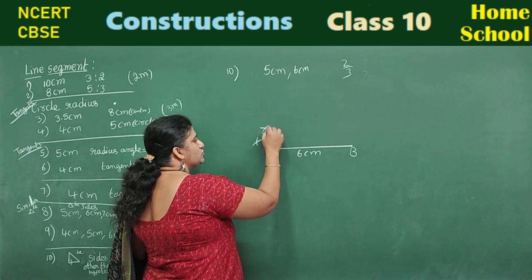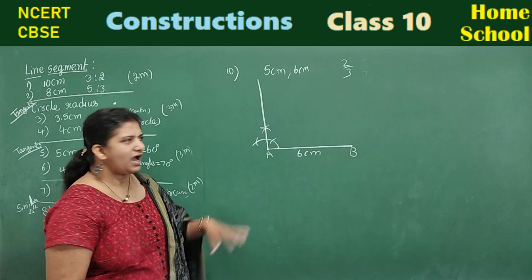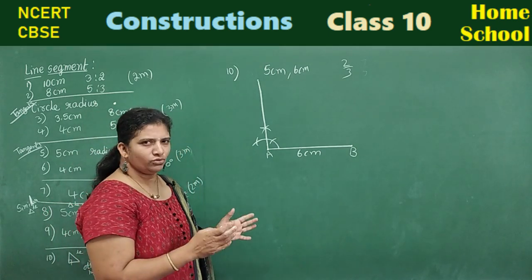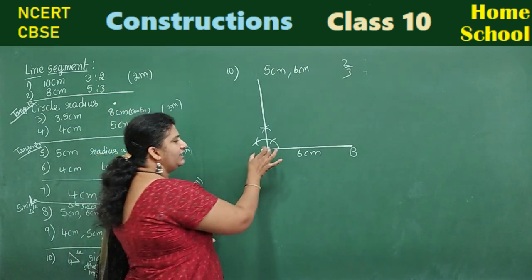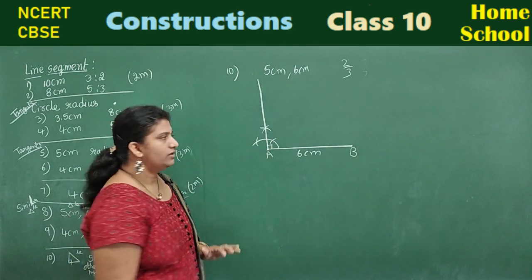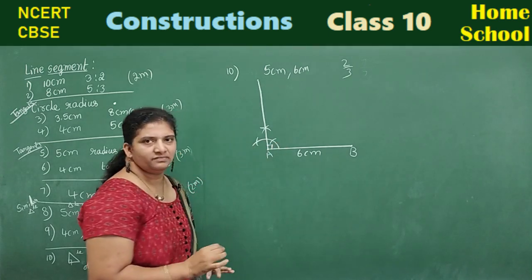And in between these two arcs, you can get a right angle. I think everybody knows how to do a 90 degree angle. If you don't know, you can use a protractor also, no problem. Do a perpendicular and put this symbol and say this is the right angle.